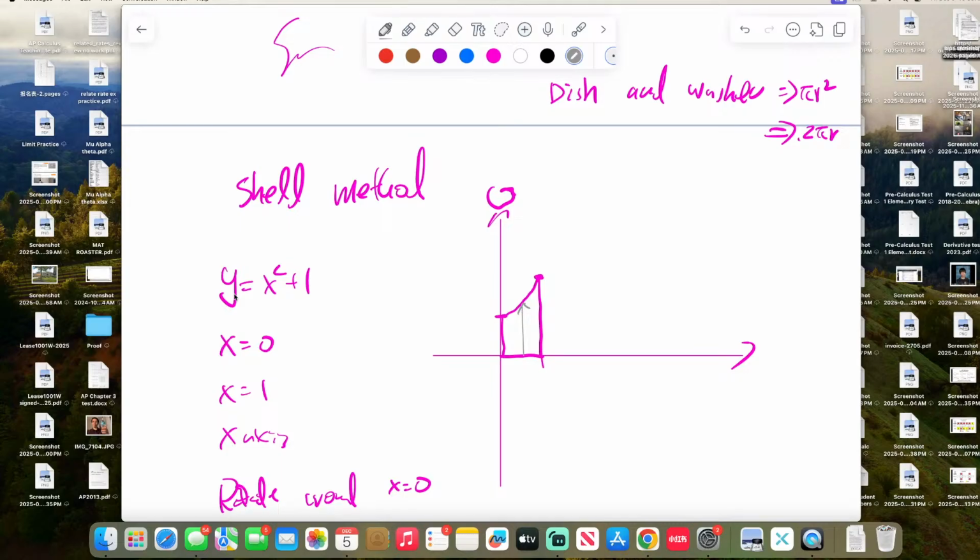No, just only the gray line. Only the gray line rotating around the y-axis.